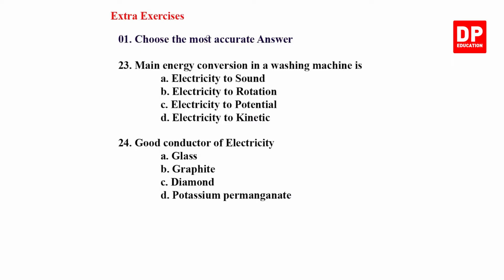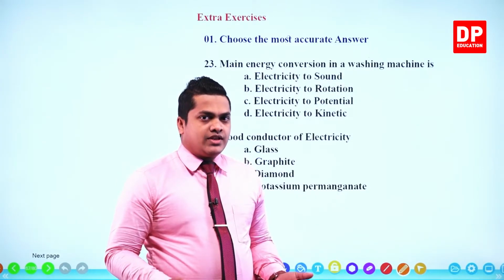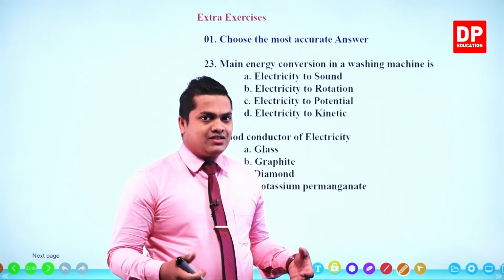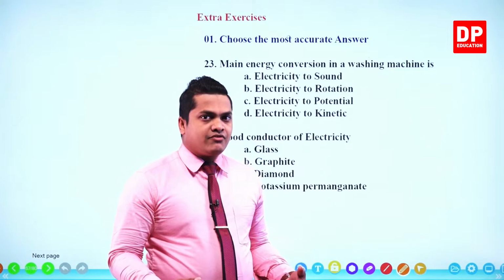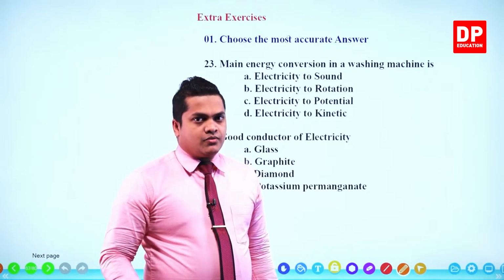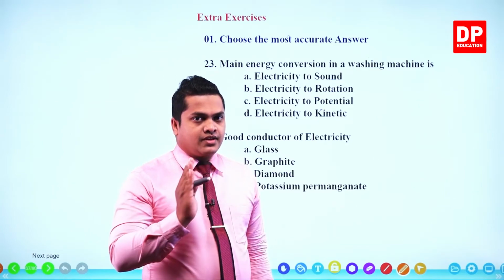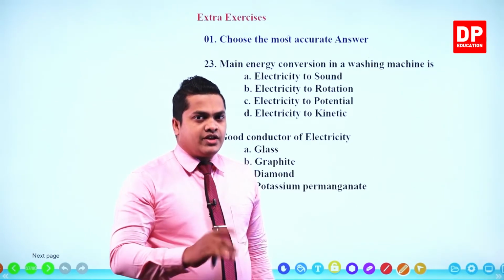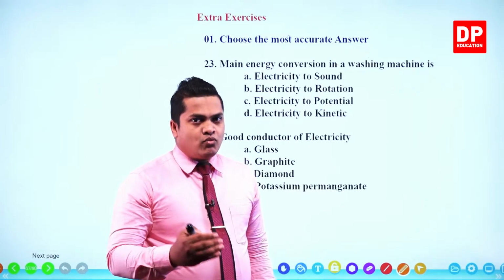Main energy conversion in a washing machine. In a washing machine, a motor is being rotated so that the dirt and all the other unwanted particles in clothes are removed when you put detergent and water into it. So the motor is rotating. Upon providing electricity, the motor starts rotating. Rotating means moving.